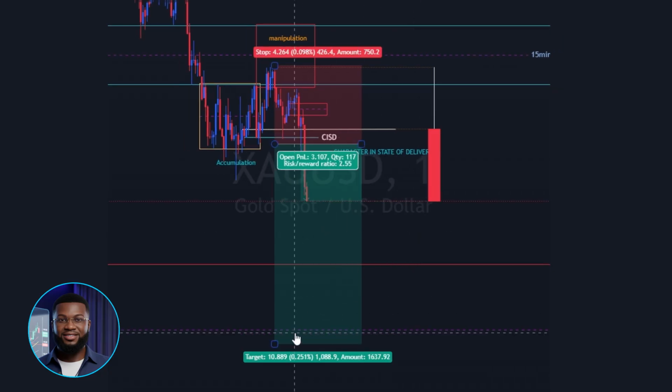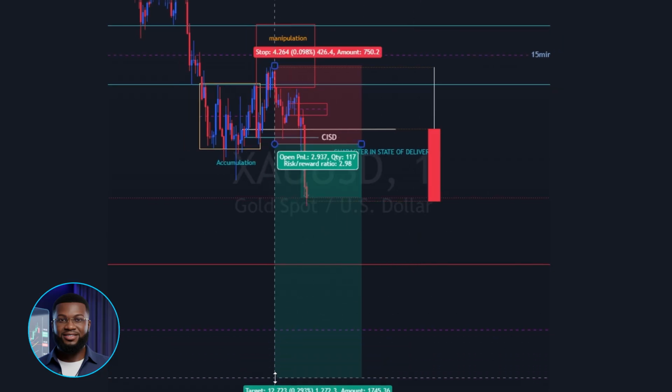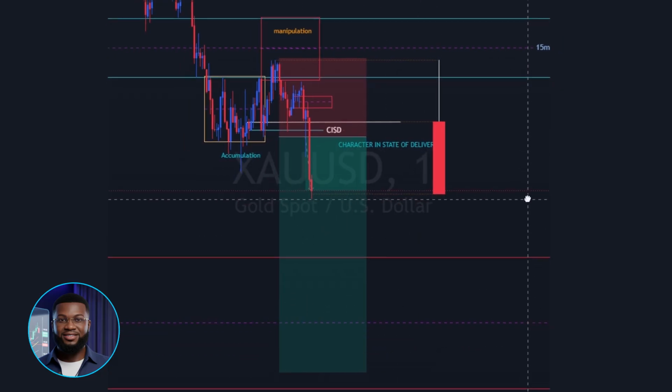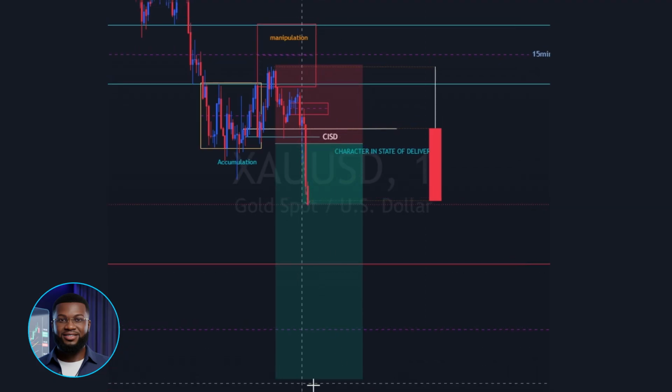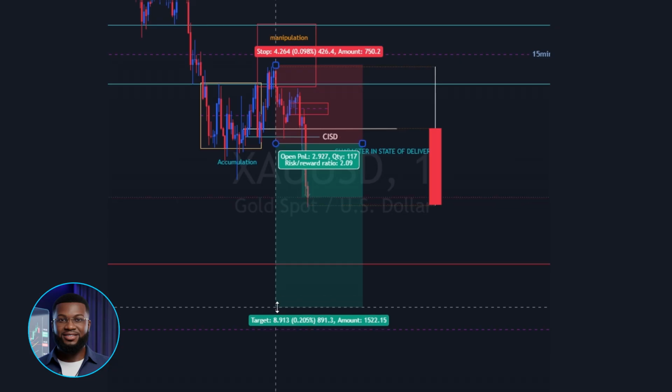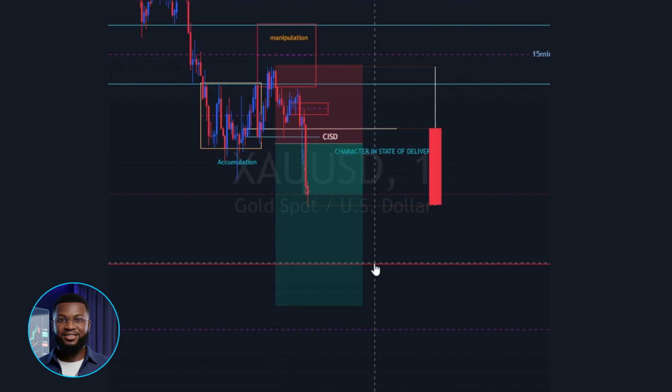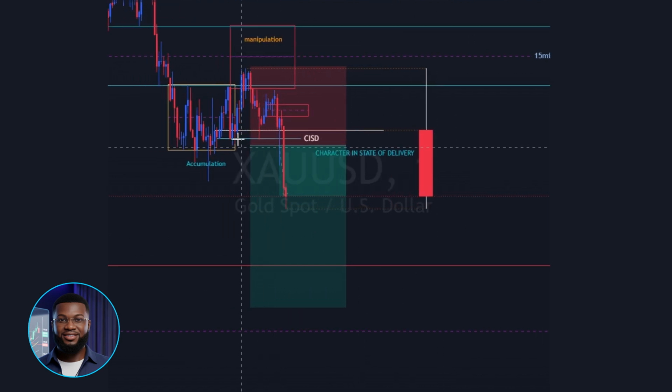You can see the momentum, it's quite crazy. Let's look at first TP, probably 1:2. Let's do 1:2.